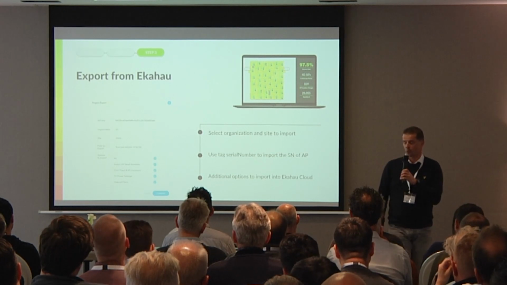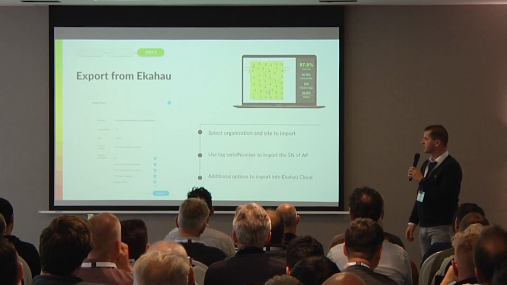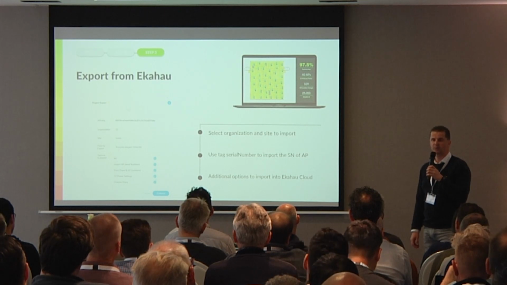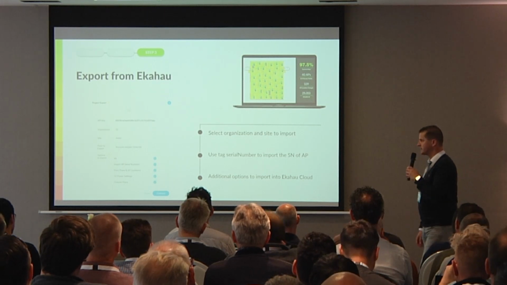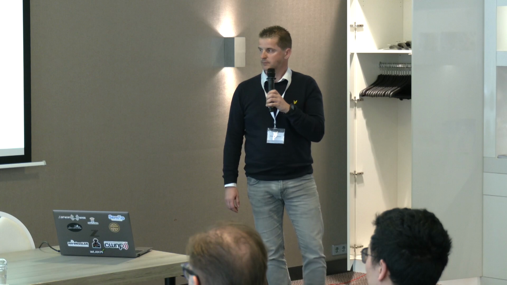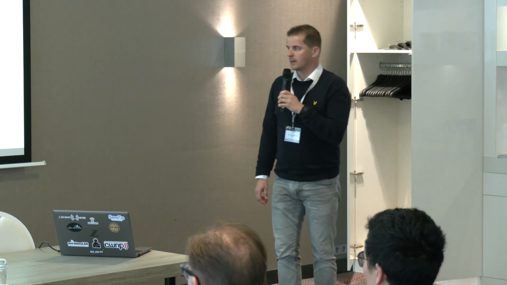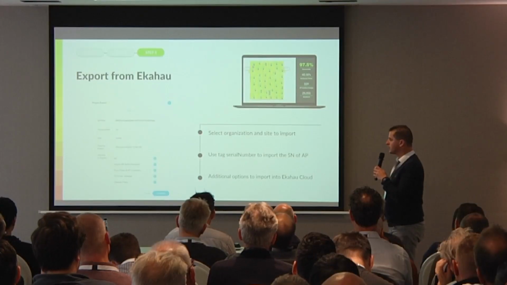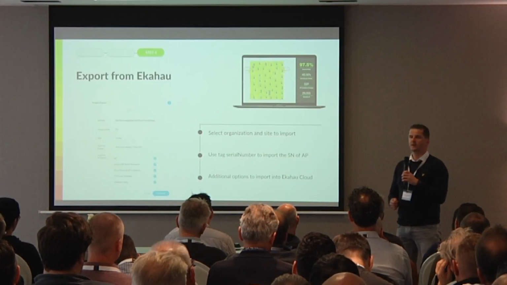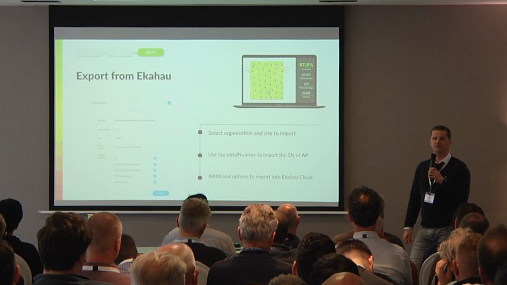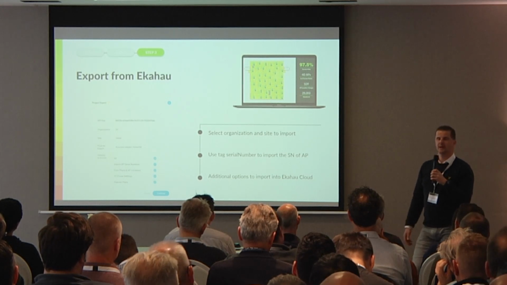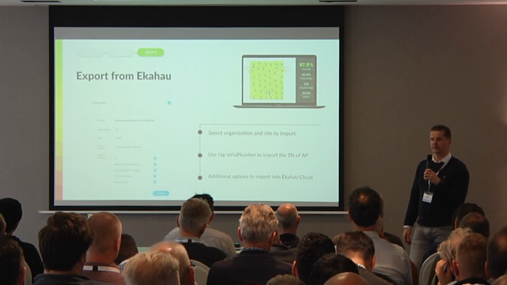Just when I did that, I got the organizations present in my Meraki dashboard, and I can also see my sites and the floor plan I want to import. All the APs that I configured, all the names, channels, transmit power, everything that's in Ekahau will be imported into the Meraki dashboard.